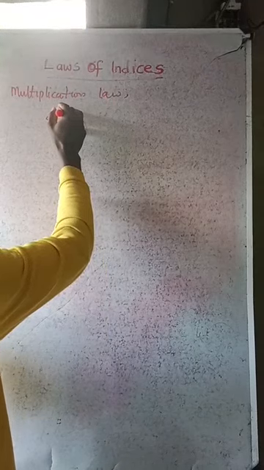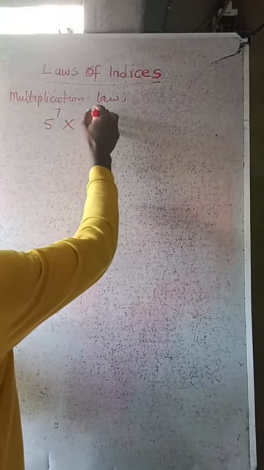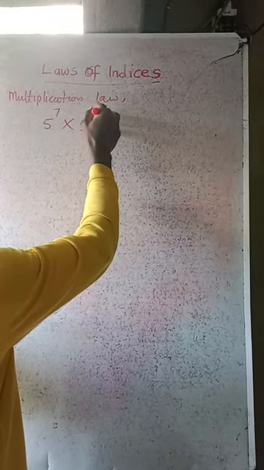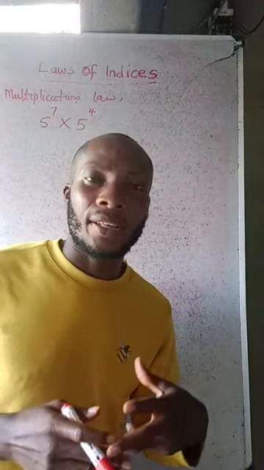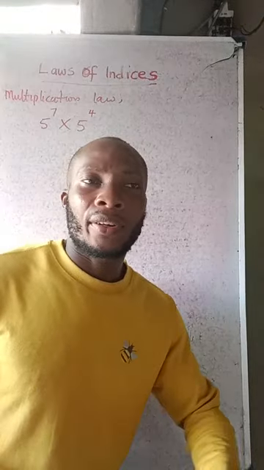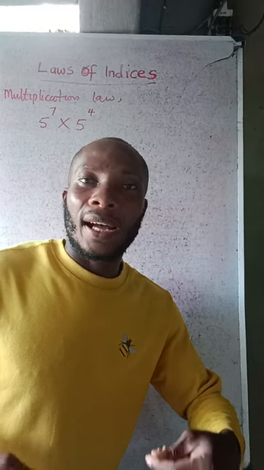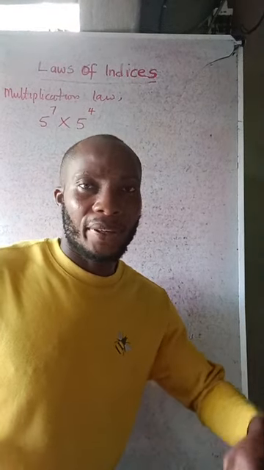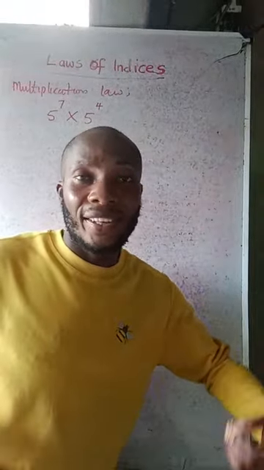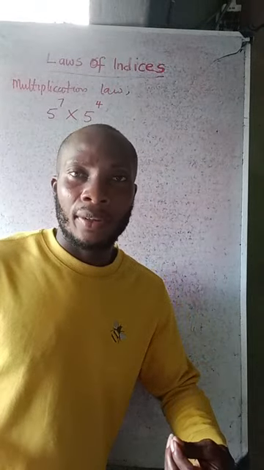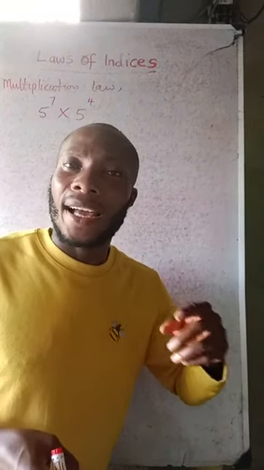5 raised to the power 7 multiplied by 5 raised to the power of 4, the multiplication law is saying that whenever the bases of numbers with powers have the same base and they are multiplying, what you do is take one of the bases and add their powers.